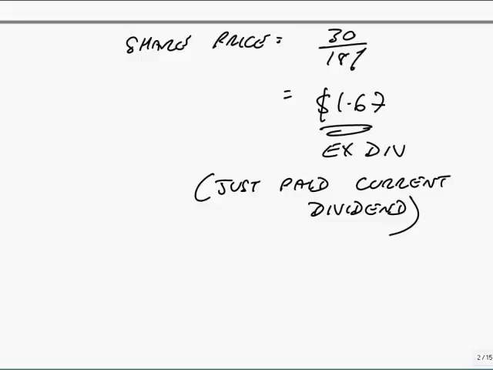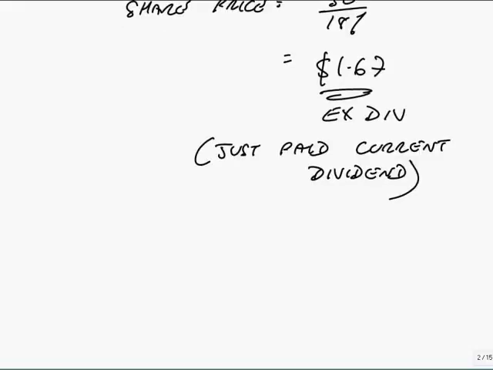Now, it's exactly the same figures as in example 2. In example 2, we expected 15 cents a share, 12% return, but they'd just paid the dividend.